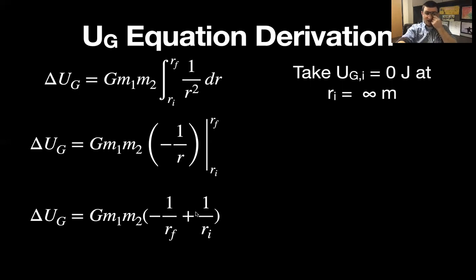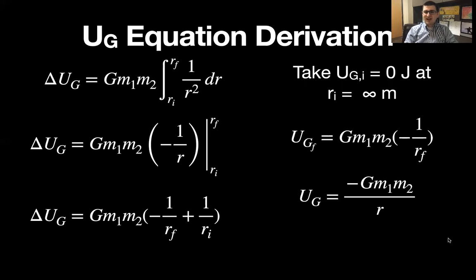So I can strike this out, get rid of my delta, and say that my final gravitational potential energy is equivalent to this formula, which you'll see on your formula sheet. It says r_f is r and U_G final is U_G, meaning we can ignore the zero gravitational potential energy at the very beginning. This tells me the gravitational potential energy at any given time. This is the formula you will see on your formula sheet, and it's important to know.